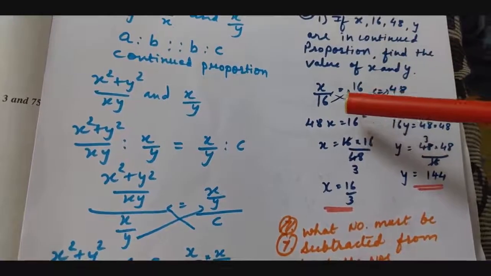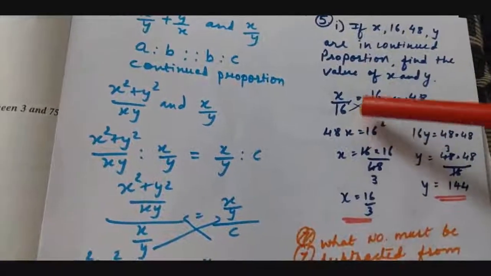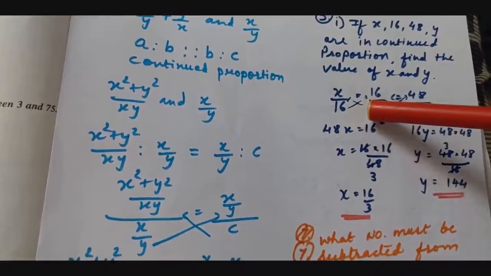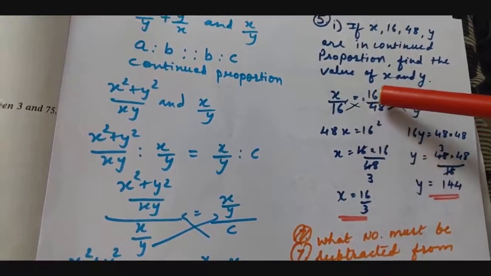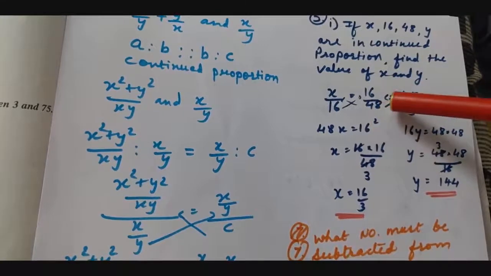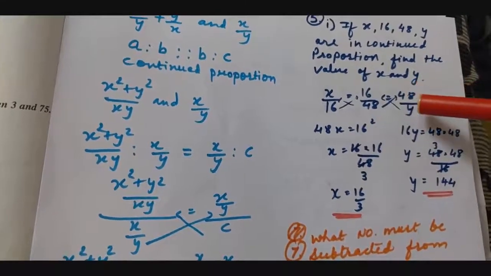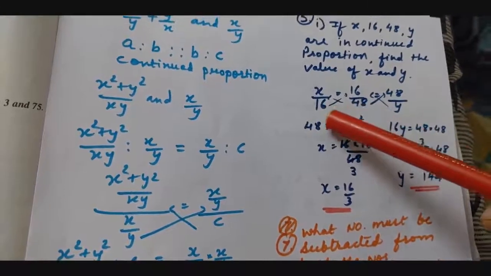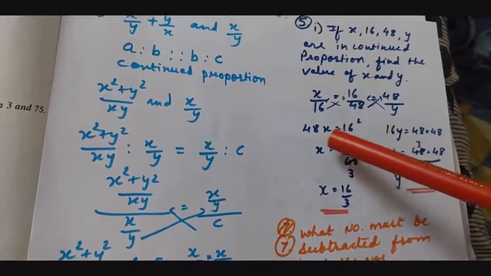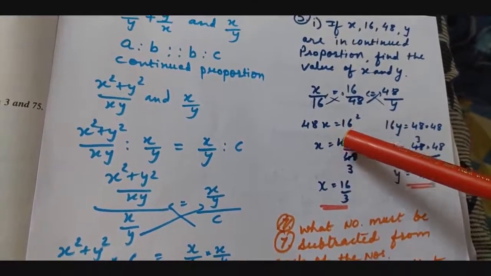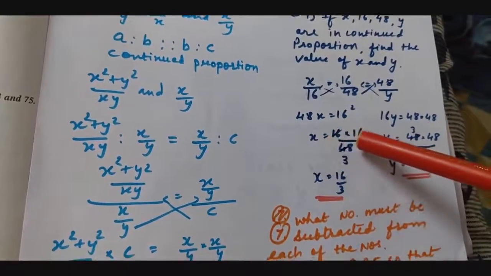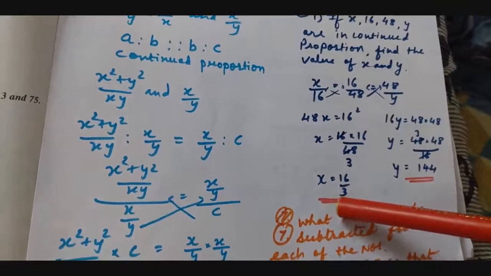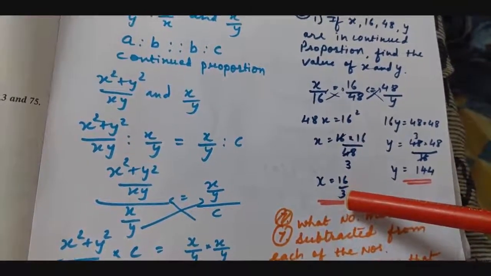So we are using our continued proportion theory, that first term upon second is equal to second upon third is equal to third upon fourth. So first we take cross multiplication between these two, I get this, and 16 square means 16 into 16 upon 48. I get x value 16 by 3.